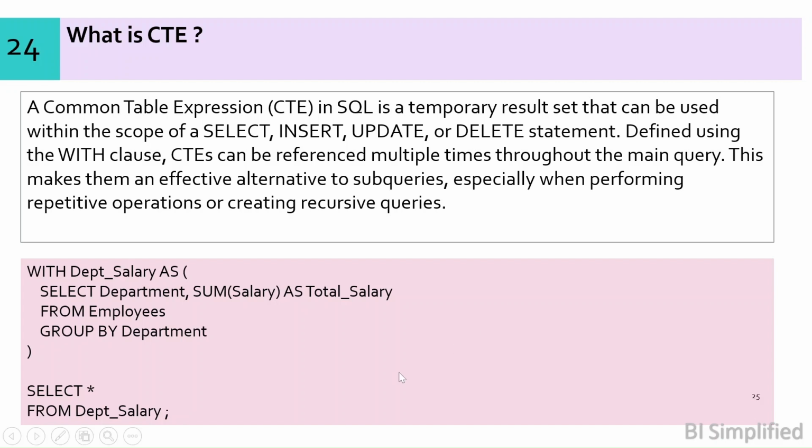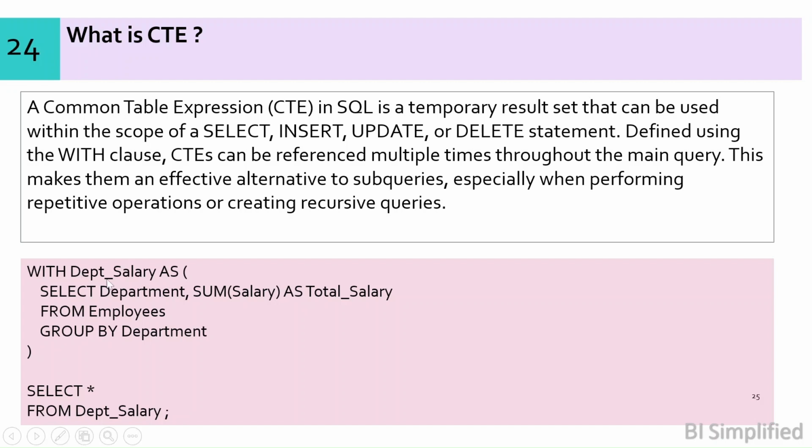So we have already seen the usage of CTE in our previous examples, and this is the syntax. You have to use the with clause to create the CTE. So with, then the CTE table name, as, and then you have to write the query. Here the query is select department, comma, sum of salary as total salary from employees group by department, and after that you can refer to this table multiple times in your query as per your requirements.